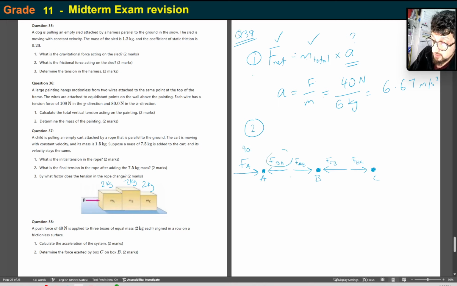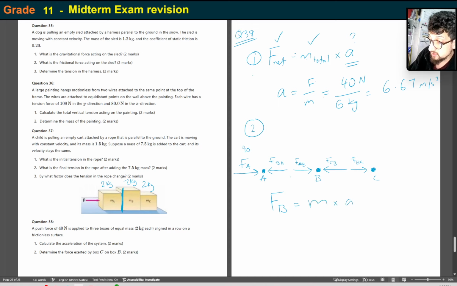This force here is going to equal the mass of both of these pushing back on A, because remember, box A is pushing both B and C. So this contact force is both of these boxes pushing back on A. The force of B on A is actually the force of C and B on A. So that's mass times acceleration.